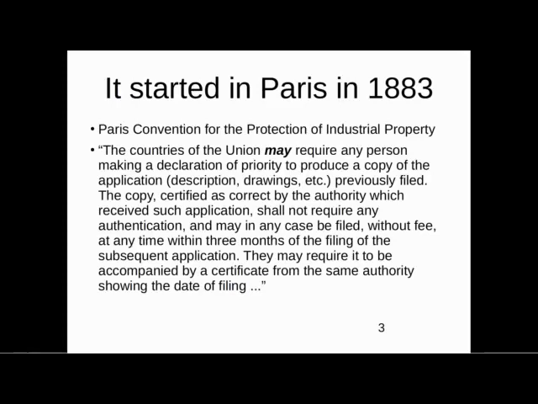And this treaty said, no, you're not allowed to require authentication. All that you're allowed to require is that it be certified by the first office. If they certify it as correct, then it's not necessary that there be authentication by an embassy.